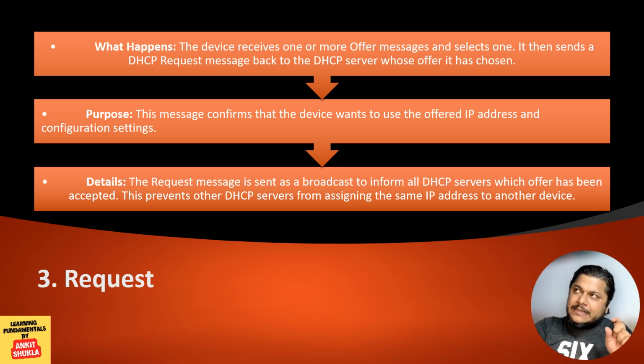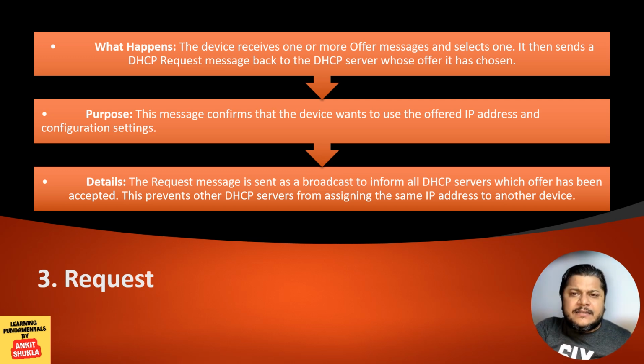This message is a confirmation from the client that wants to accept the offered IP address and is ready to proceed with it, to use that specific IP address to join the network.